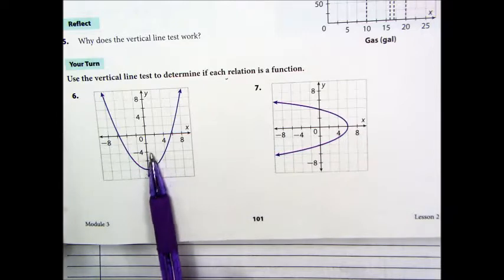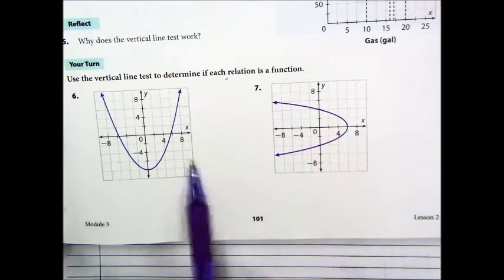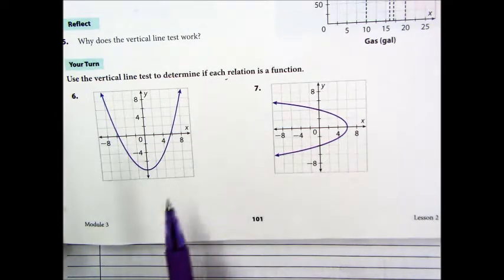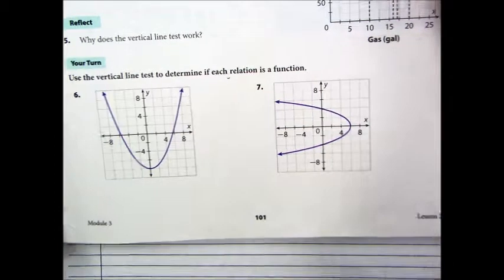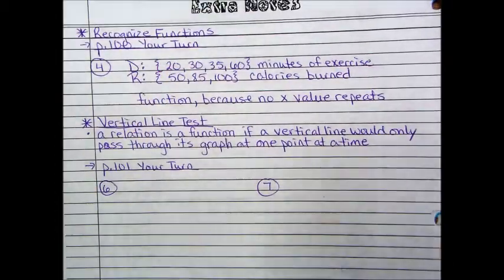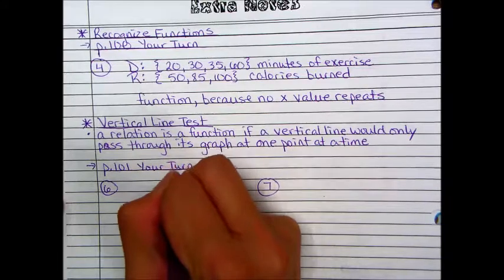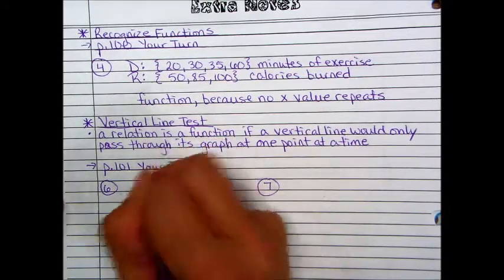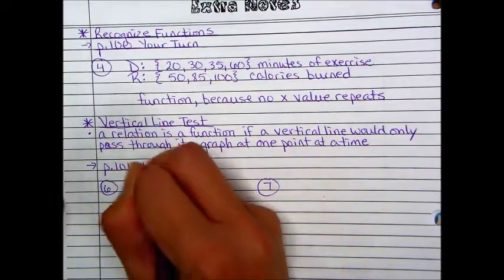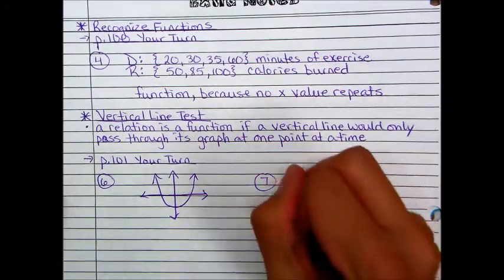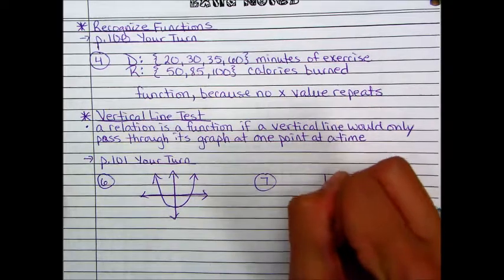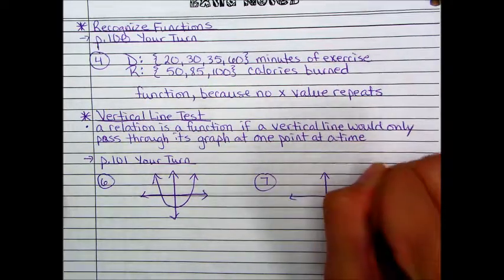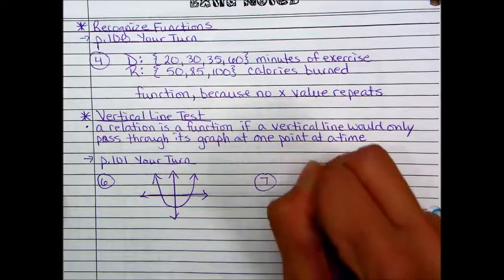And we need to be able to look at those and just by visually testing them with our eyes, decide if they're a function or not a function. So I'm going to draw a miniature rough version of those on my notes so that we have those for future reference. This is what number 6 looked like. And this is what number 7 looked like.